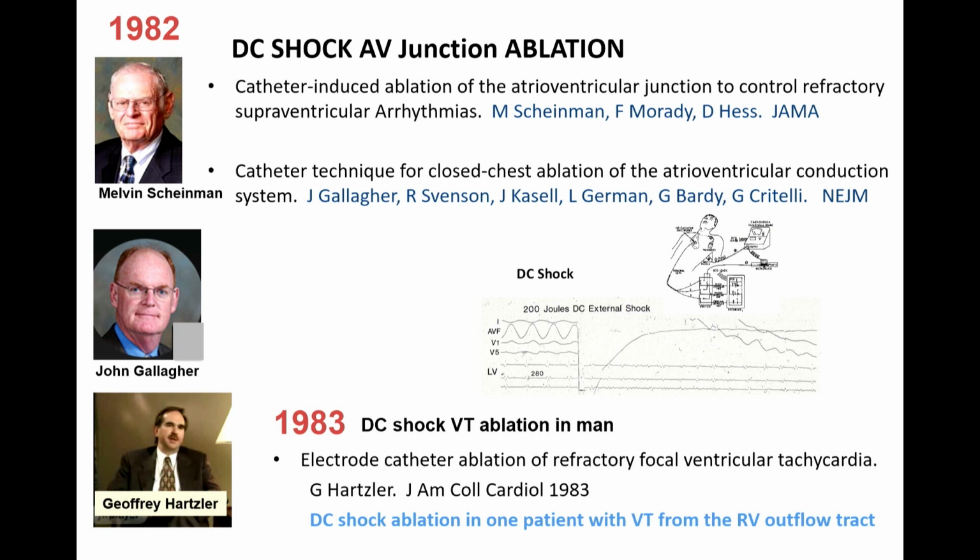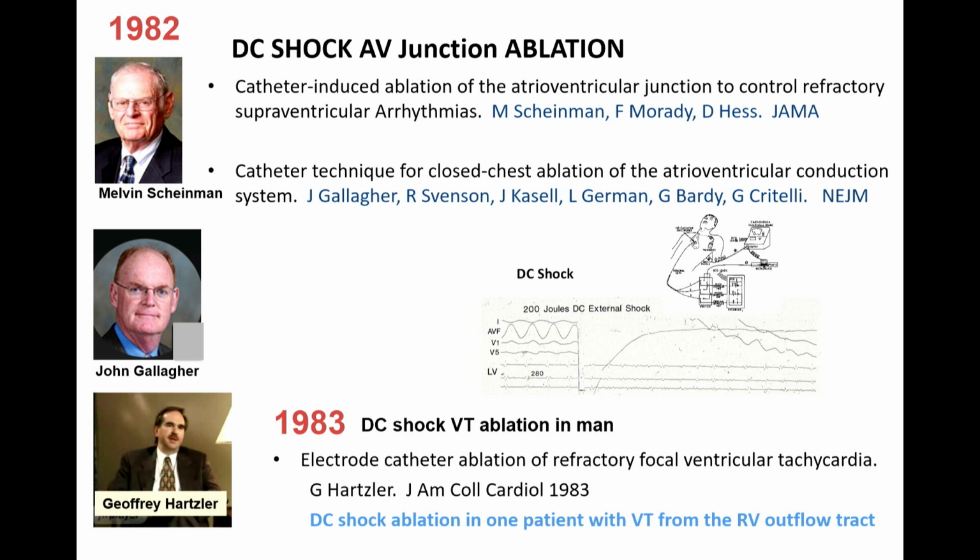So when DC catheter ablation came along, invented by Dr. Scheinman and Dr. Gallagher at Duke, this was the first catheter ablation procedure, and it was going to target a relatively focal area. The first person to do DC shock ablation for VT was actually Jeffrey Hartzler, an interventional cardiologist who was one of the pioneers of percutaneous cardiovascular intervention.